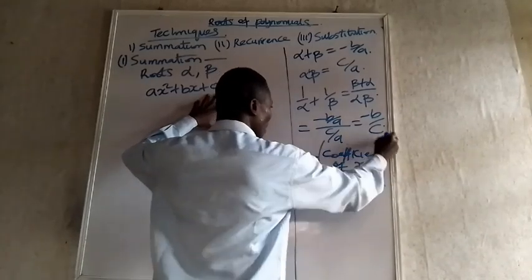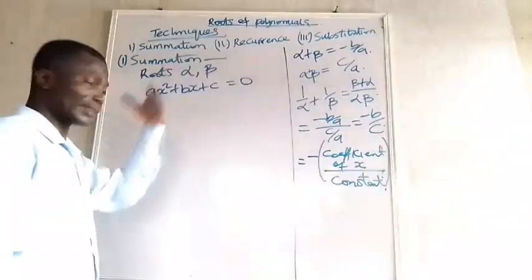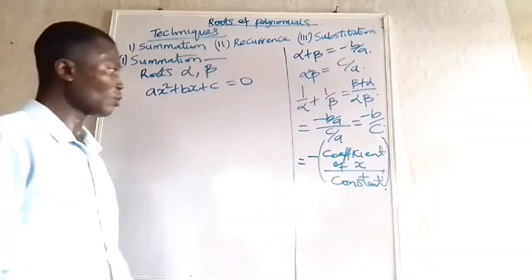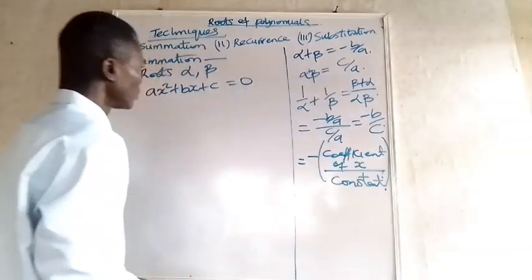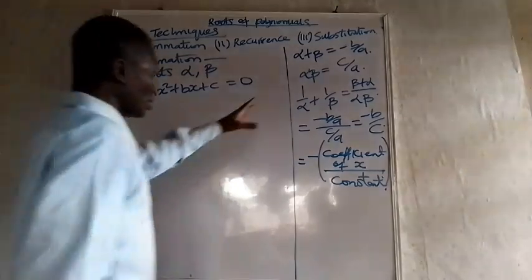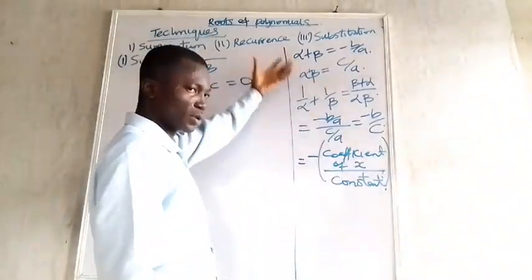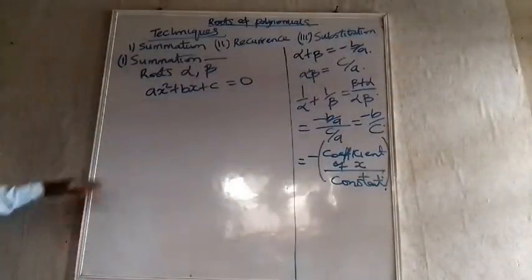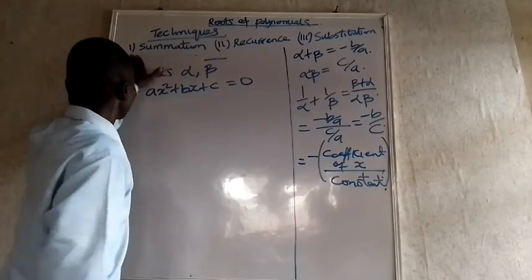So please don't forget the minus sign. When it gets to higher powers, we know what we do. So know these three results, and from this one you can do so many other things. Now coming back to recurrence.